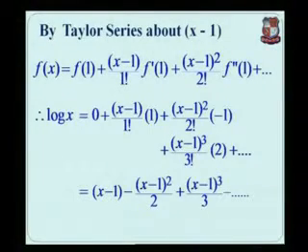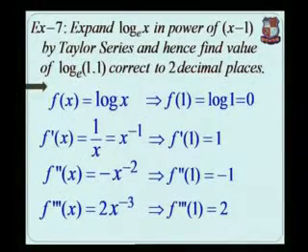But the question is not just this. The question is: find the expansion of log x in power of x minus 1 by Taylor series, as well as find the value of log 1.1. In this type of example, first of all we find out the expansion of the function in the given power.